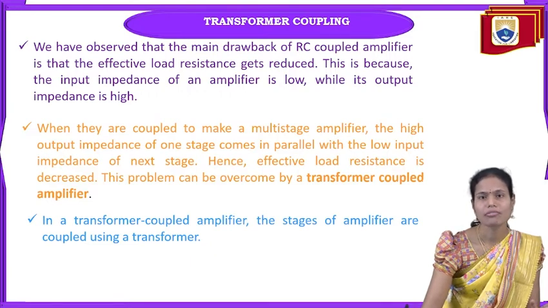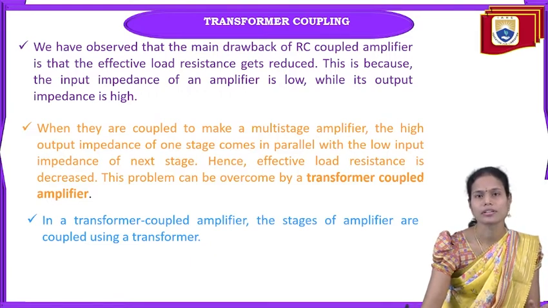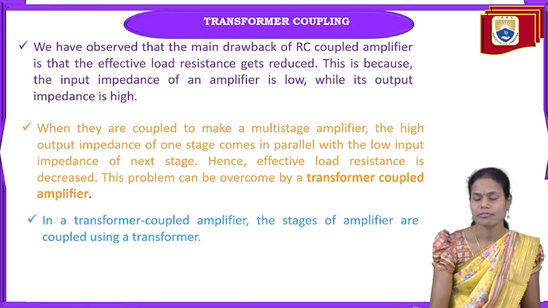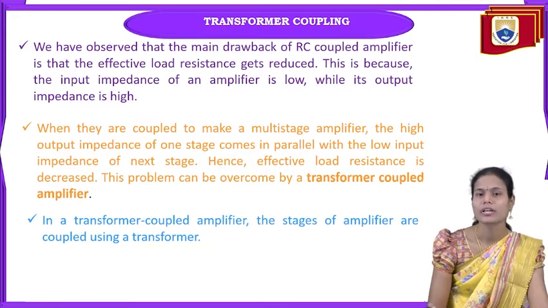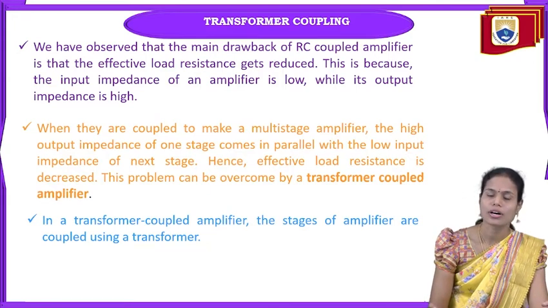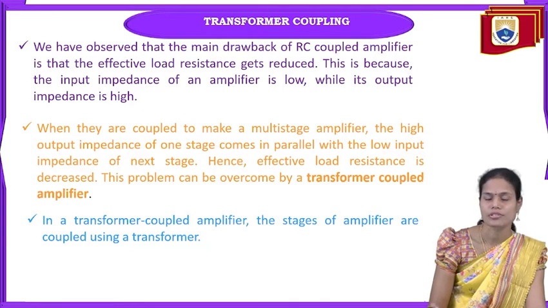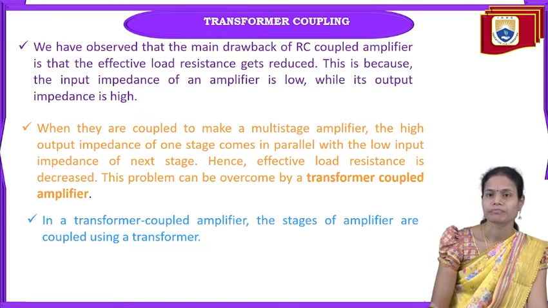So overall the effective load impedance is decreased here. This particular effective load impedance problem is overcome by the transformer coupled amplifier. In the case of transformer coupled amplifier, instead of resistor and capacitor, we are utilizing a transformer as a coupling element between the stages, from the first stage to the next stage.